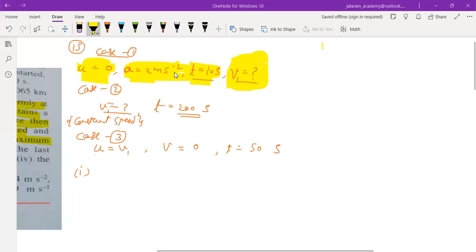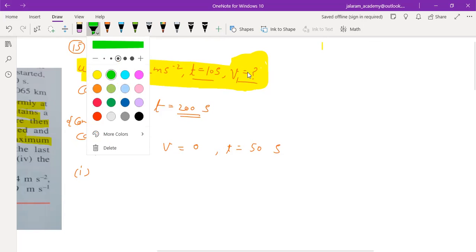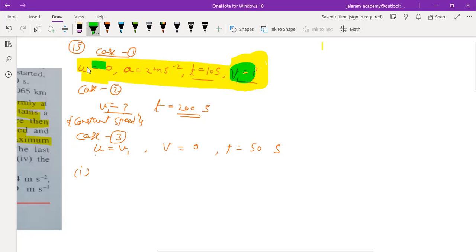If we look at the first case, it is u, a, t, and v. It has 4 pieces of information. So if we think about the first equation of motion, which is v equals u plus at, we are observing that it has all the 4. One is unknown, v. u is given, a is given, t is given. So out of 4 quantities in the first equation of motion, 3 are given and 1 we have to find.